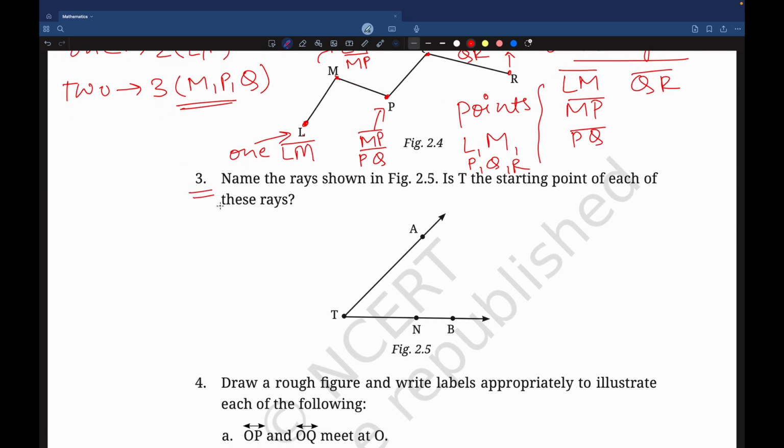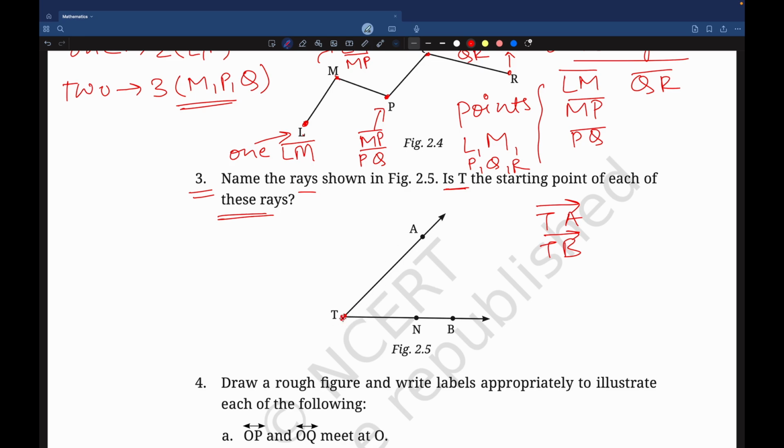Question number 3. This says name the rays shown in figure 2.5. T is the starting point of each of these rays. Is T the starting point of each of these rays? Name the rays shown. Rays are TA is one ray and TB is another ray. And T is the starting point of both the rays.